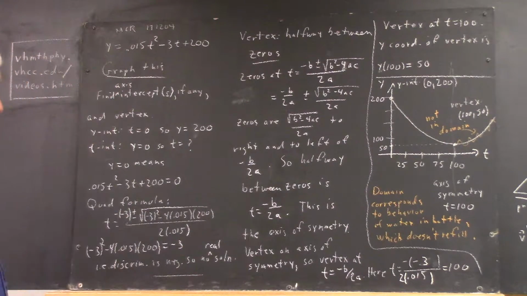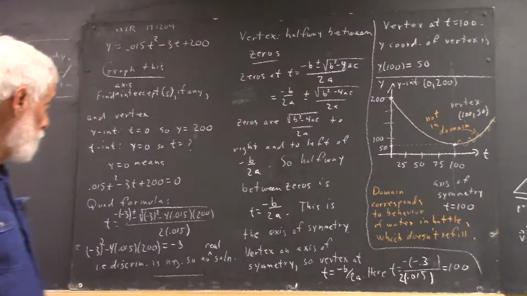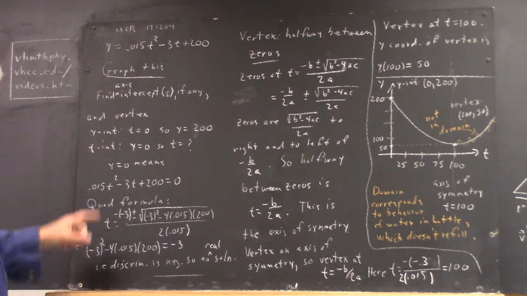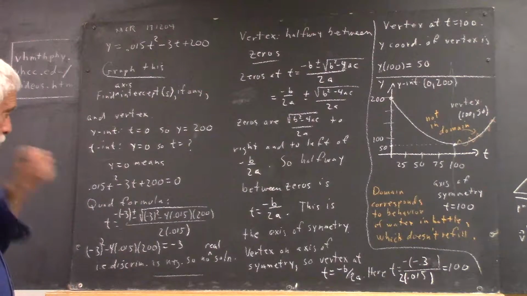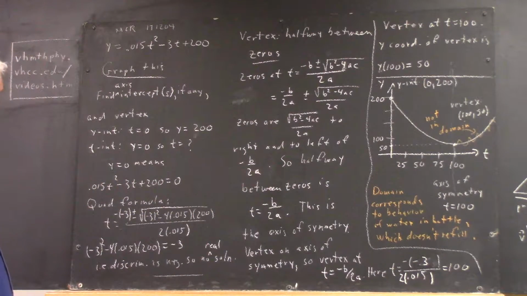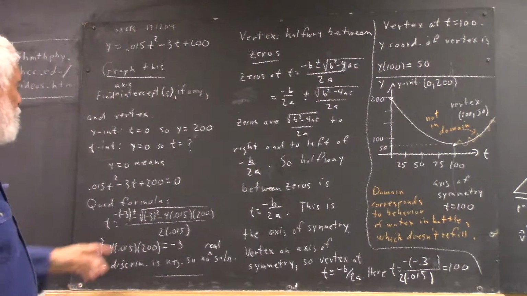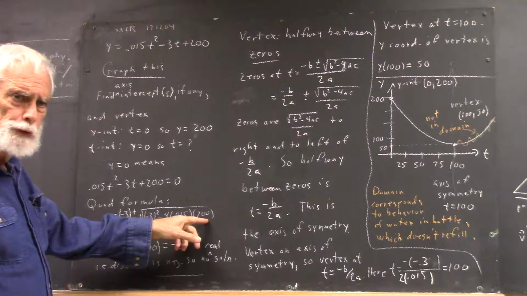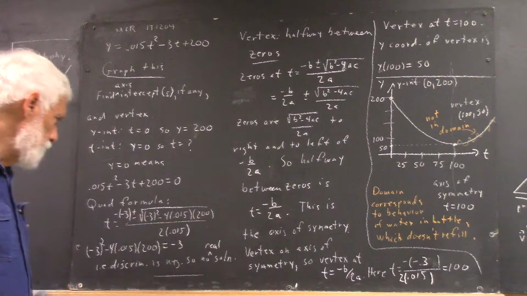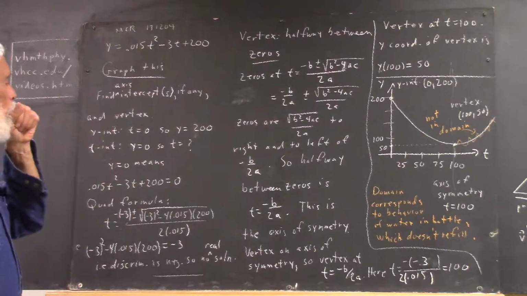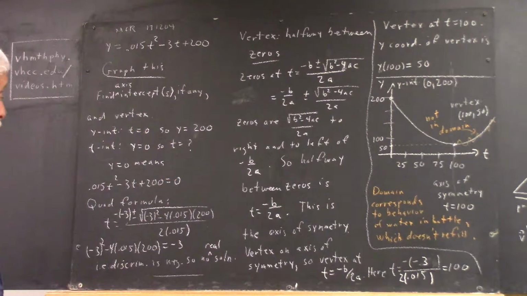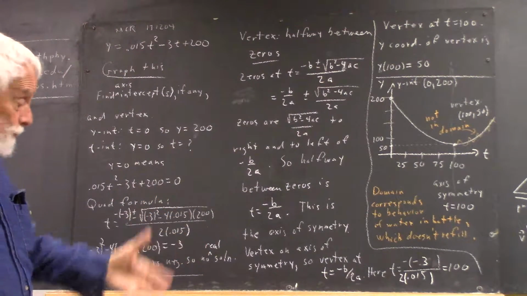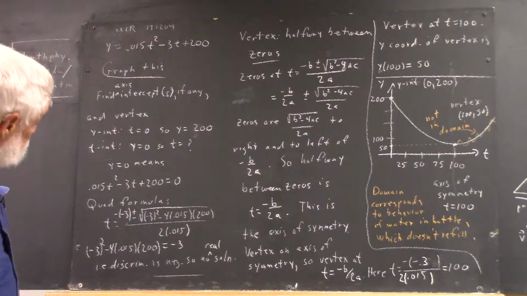I'm not going to write down the quadratic formula, although I did over here. We just immediately identify A as 0.015, B is negative 3, C is 200, and we write it down. Having written it down, we start by looking at the discriminant, the quantity under the radical, because the nature of the discriminant tells us whether we have to go any further, and it's also going to tell us how many y-intercepts we have.